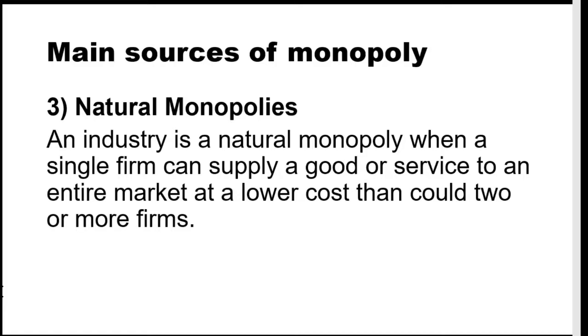So an example is a natural monopoly for the distribution of water. To provide water to residents of a town, a firm must build a network of pipes throughout the town. If two or more firms were to compete in the provision of this service, each firm would have to pay the fixed cost of building a network.